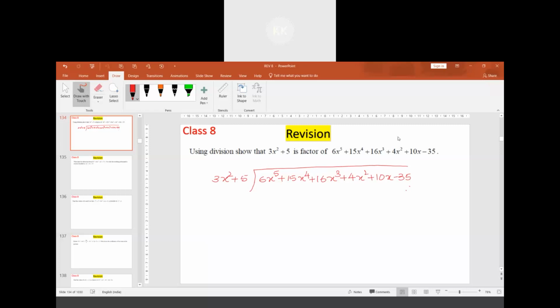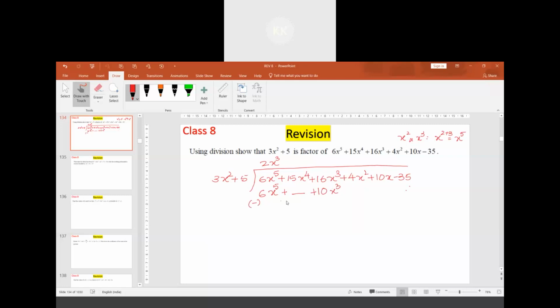When x square is multiplied with x cube, we get x to the power of 2 plus 3, which becomes x to the power of 5. So 2 times x cube you multiply, then we get 6x to the power 5, plus 10x cube, since the x to the power 4 term will be missing.